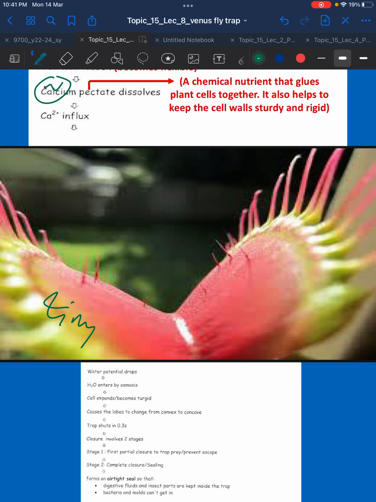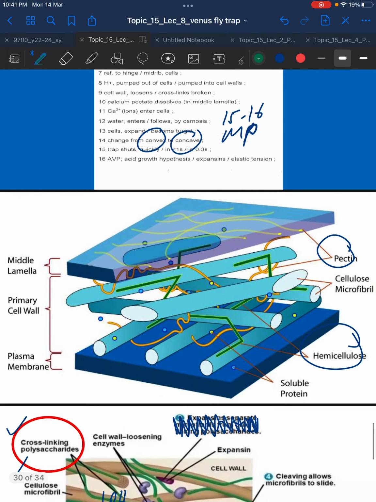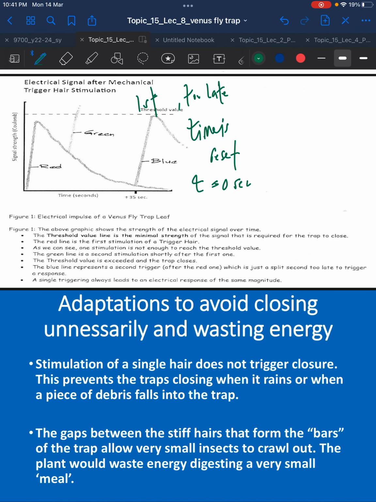That's why it requires a second hair to be deflected, so that the plant is not going to waste energy. Then the plant will only close when it thinks that the size of the insect is good enough for it to digest. So these are the benefits. The first one is already mentioned here.